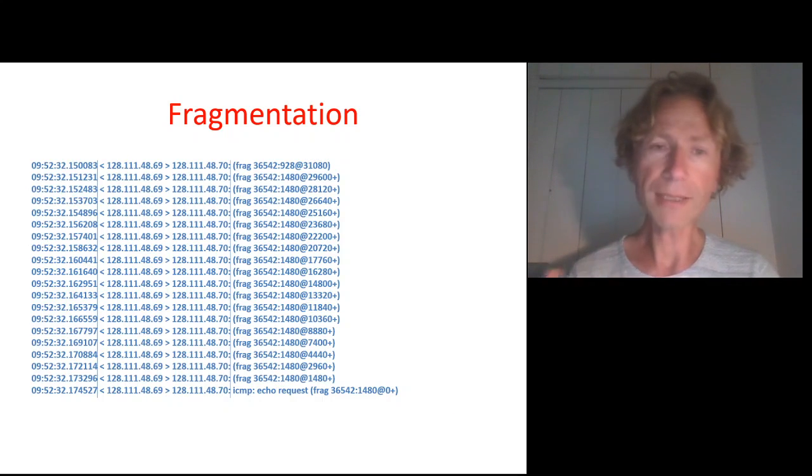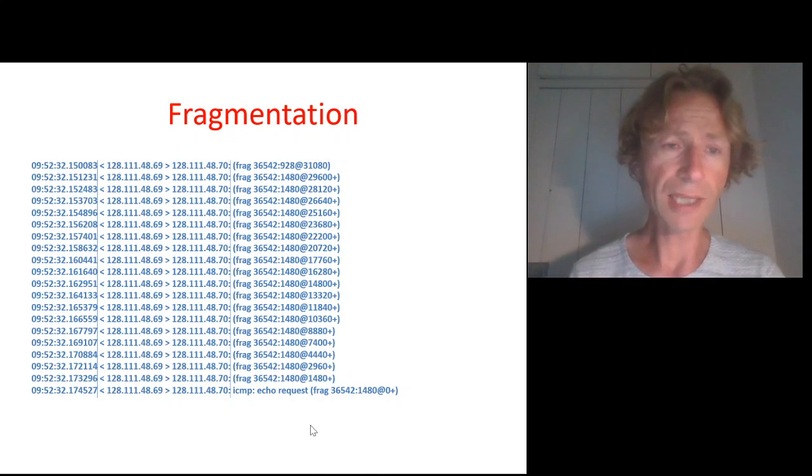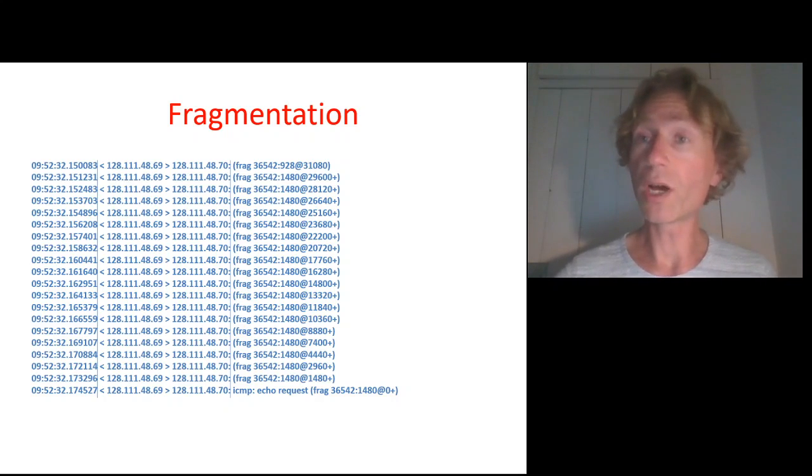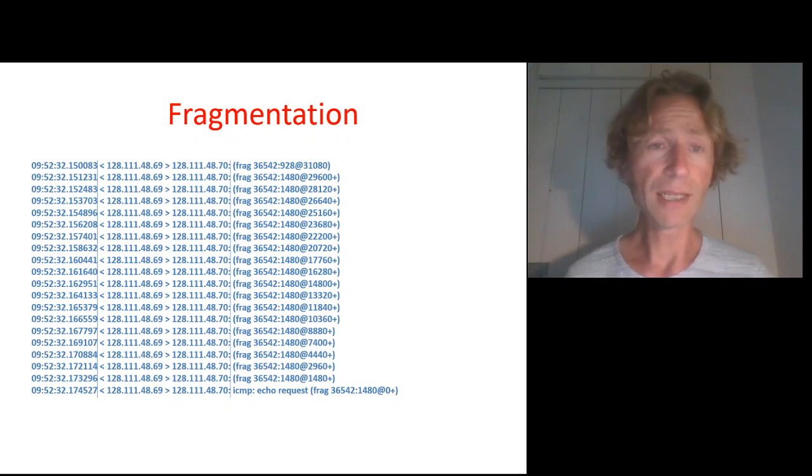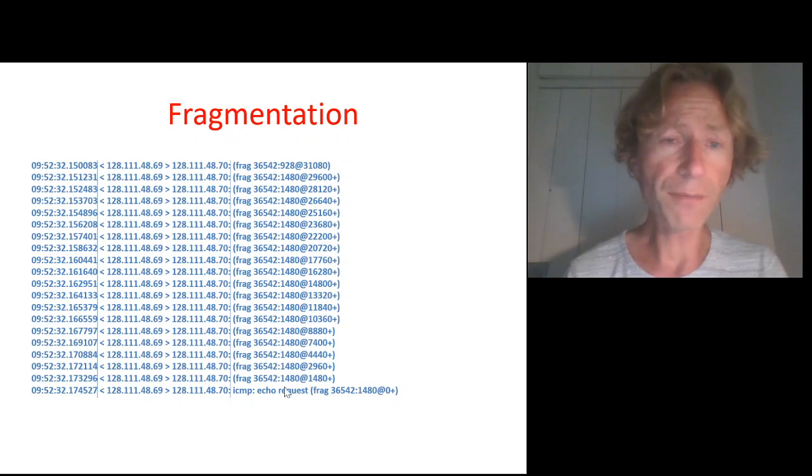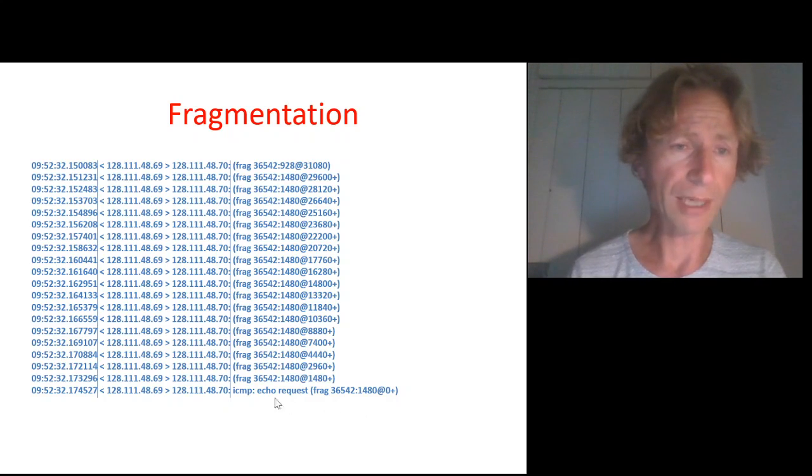If we send a packet of, say in this case, an ICMP echo request, we can specify a very large echo request, a large amount of data being sent. We see that the first ICMP echo request gets sent from our source to our destination.